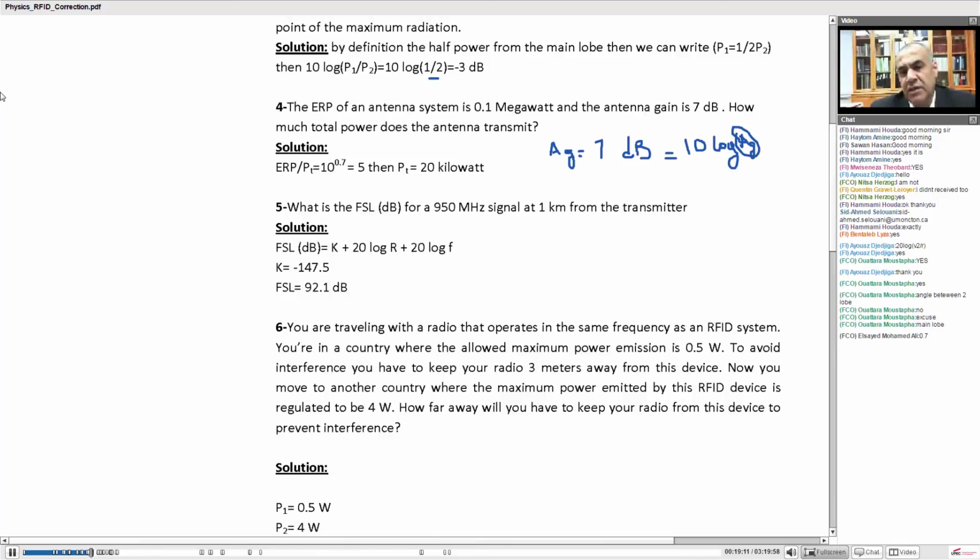So we divide 7 by 10. This is equal to logarithm in base 10 of G. And then 7 divided by 10 is equal to 0.7.